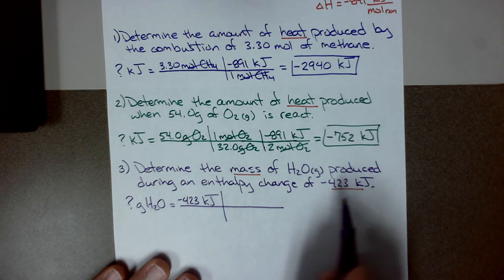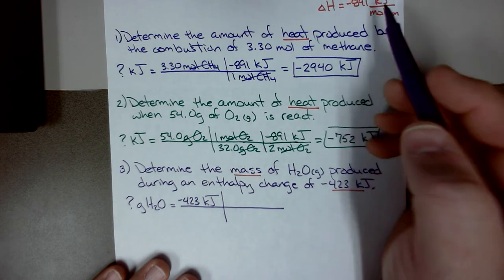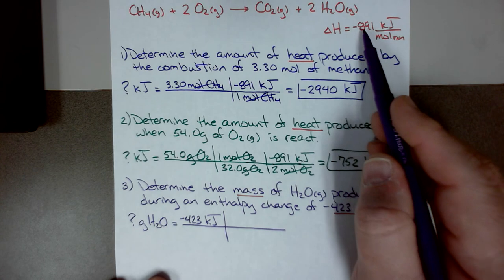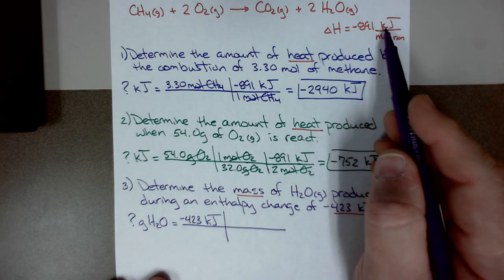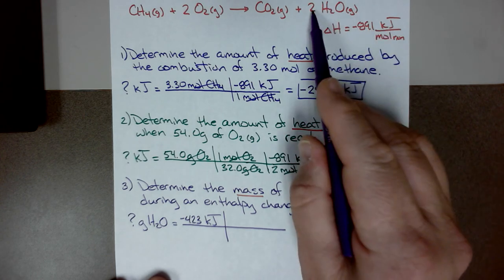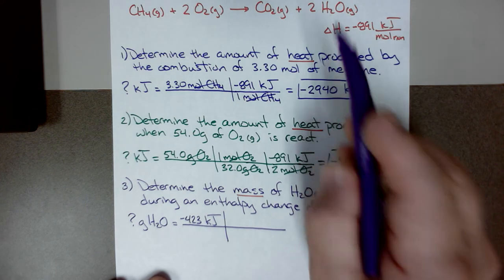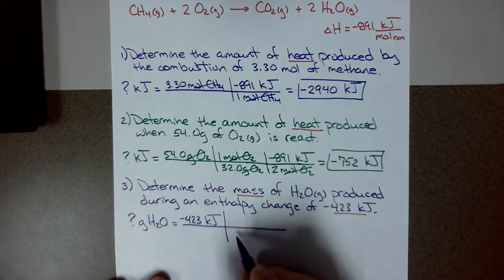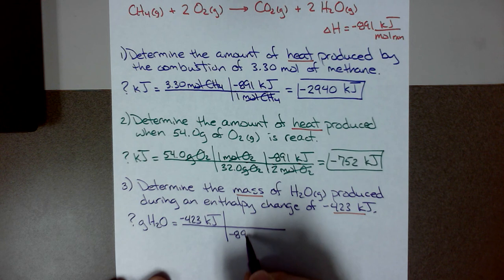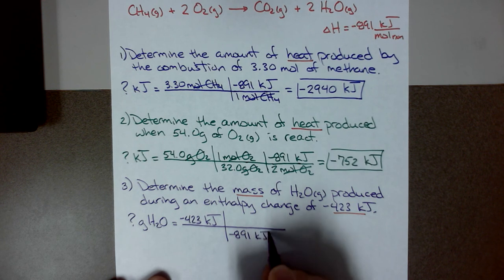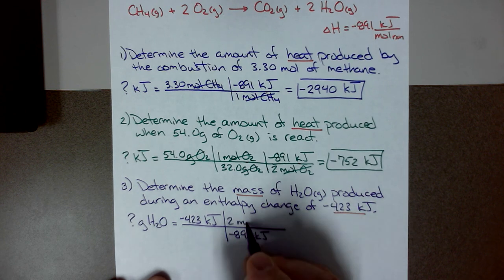So again, we know that this reaction is a negative 891 kilojoules for every 2 moles of water, because we're looking at water. So I'm going to write a negative 891 kilojoules for every 2 moles of H2O.